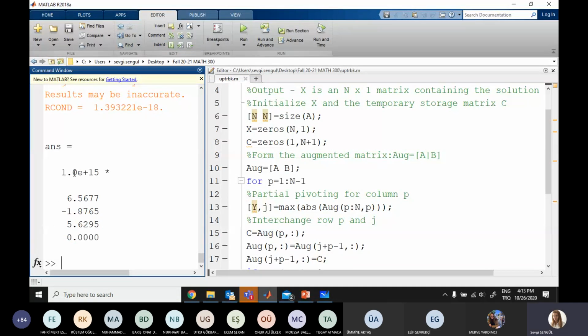And as you can see, it says the matrix is close to singular or badly scaled. Results may be incorrect because the condition number, look at that, it is 10 to the negative 18. We want it close to 0. Okay.